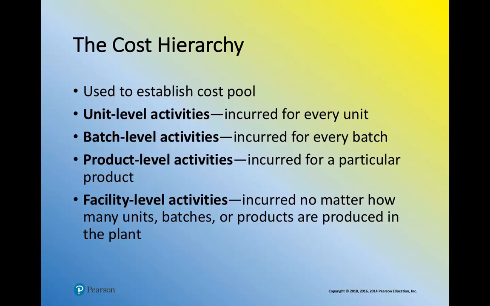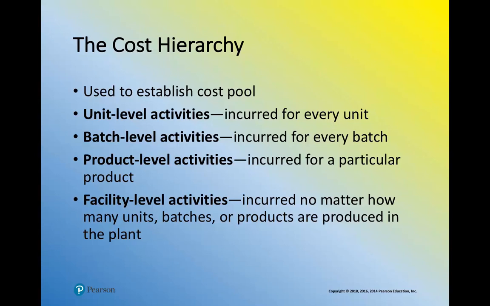Product level activities, this is incurred for a particular product. This is where a lot of students get things kind of twisted in their heads. They see product and unit level as basically the same activity. Product level, though, happens once in a product's life cycle, the whole kind of product class. So if we think about the Toyota manufacturer, Toyota Inc., product level activities is something that happens for every individual product line.